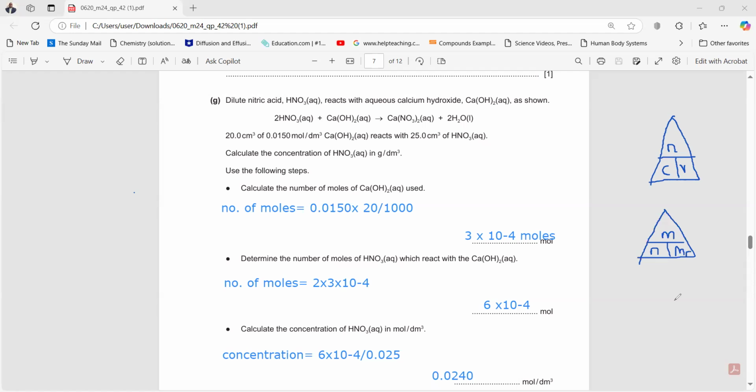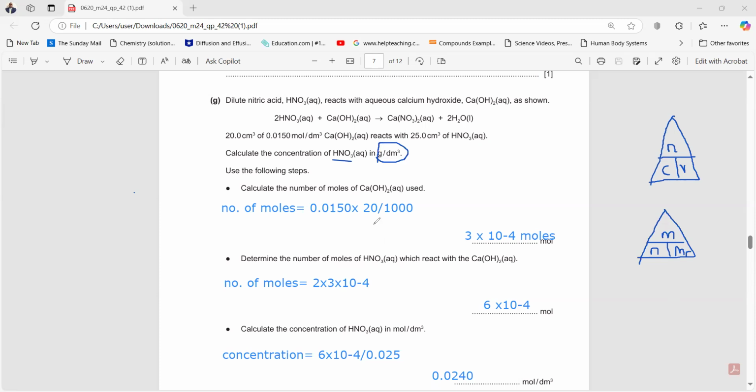If you want to migrate from number of moles in concentration to mass in concentration, we're just finding m, and if you are finding m, it's going to be n times MR. So we need to find the MR for nitric acid, and then we can migrate from moles per dm cubed to grams per dm cubed.